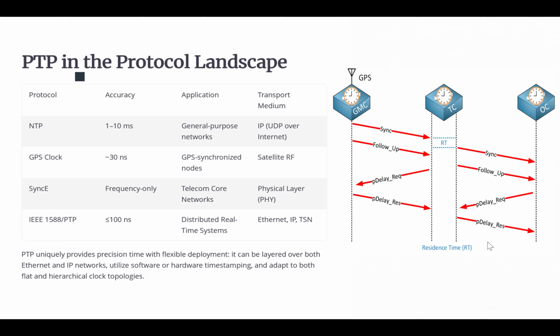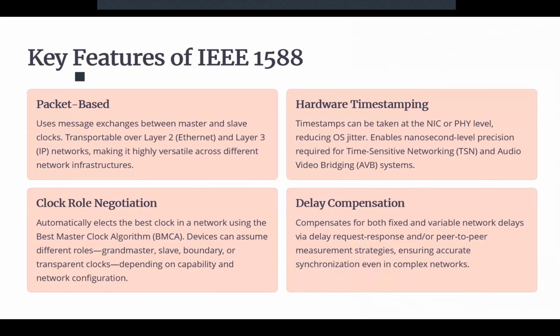Now that we talked about the options that we have, let's focus on the standard that we want to talk about, the IEEE 1588. The protocol in IEEE 1588 is basically designed to address accuracy, scalability, and flexibility at the same time.